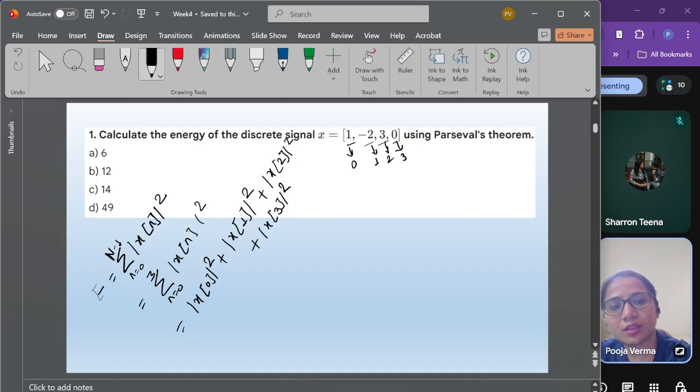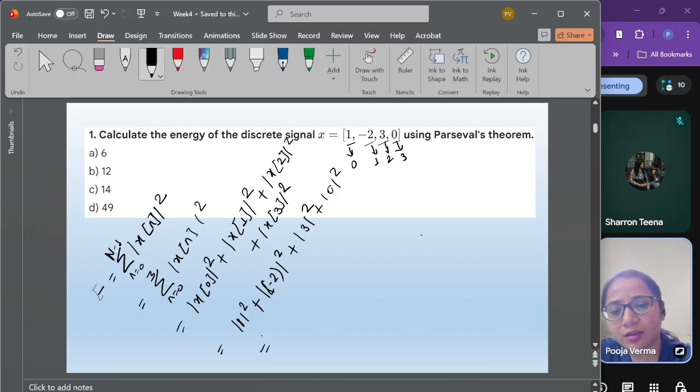Just put these values in: mod of 1 square plus mod of minus 2 square plus 3 square plus 0 square.